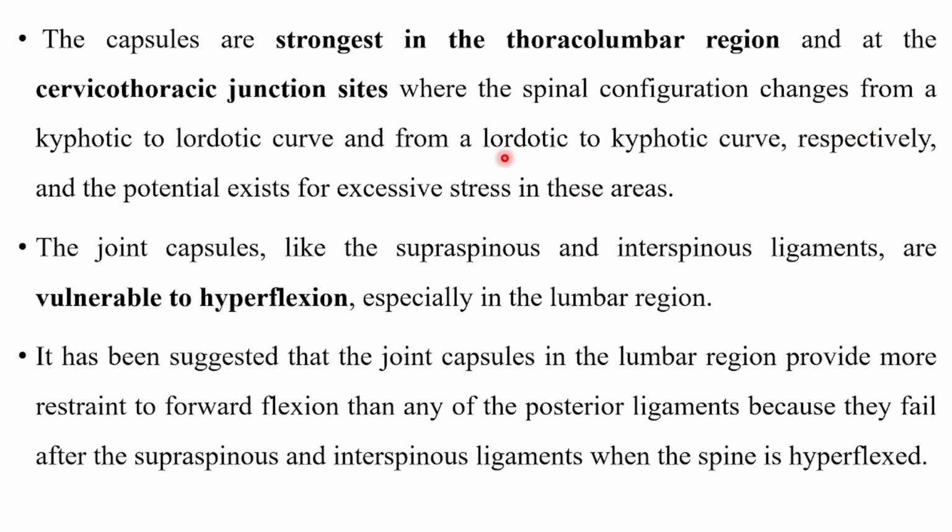So in these two junctions, the thoracolumbar and the cervicothoracic, since there is a change in the spinal configuration, these capsules are strongest because of the excessive stress occurring there.